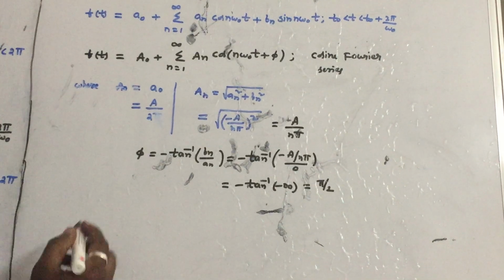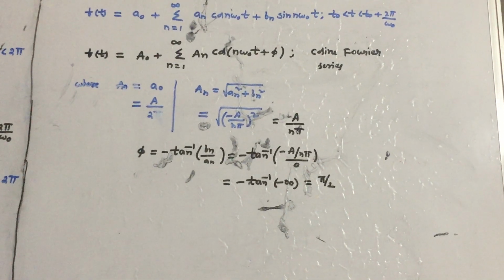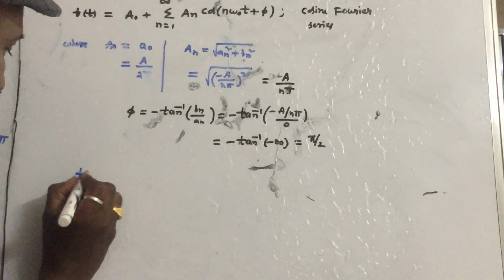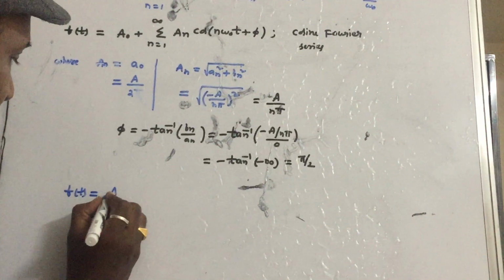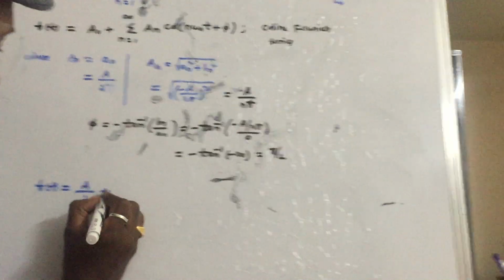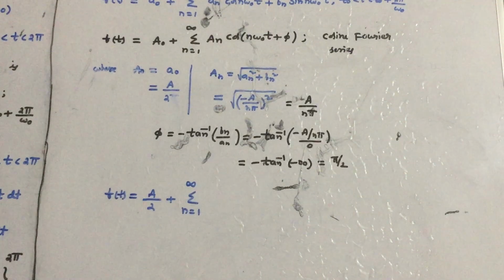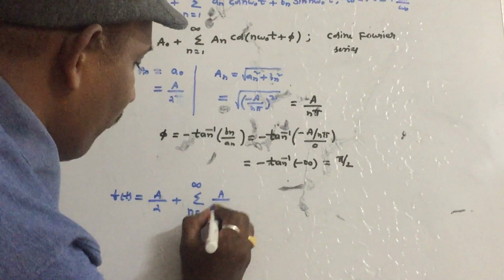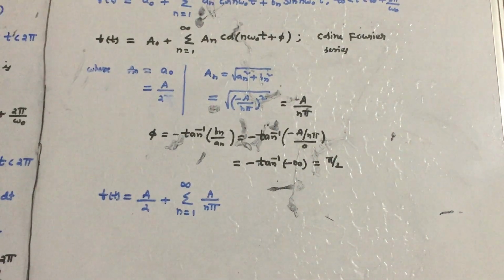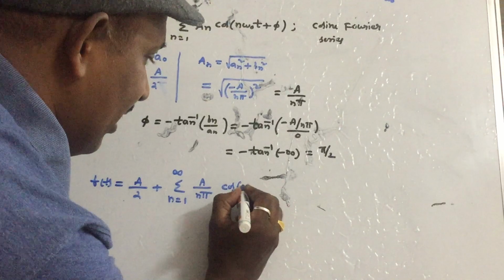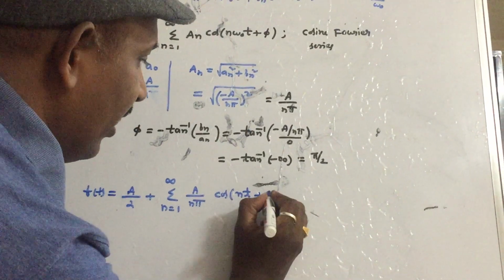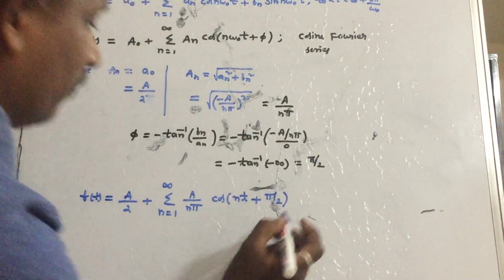So finally we write f of t is equal to, what is a0? A by 2 is the average value, plus summation n is equal to 1 to infinity. What is capital An value? Capital A by n pi, cos of nt, omega 0 is 1, plus phi is pi by 2.